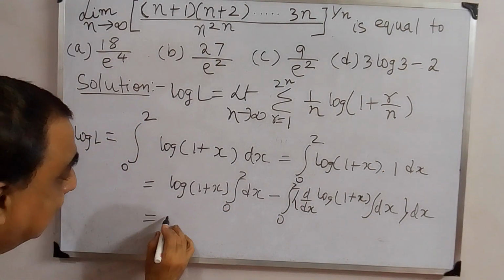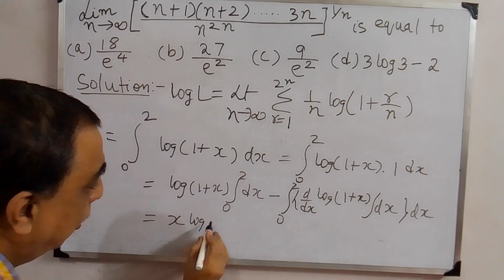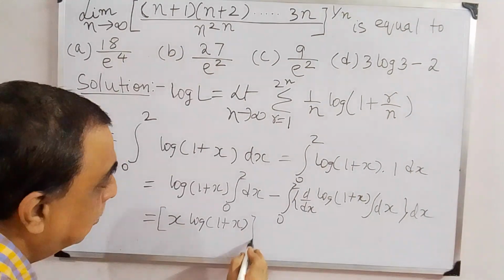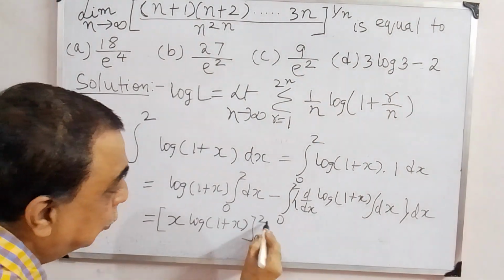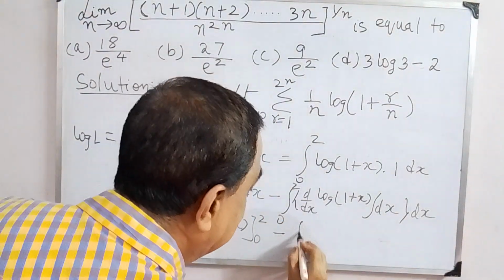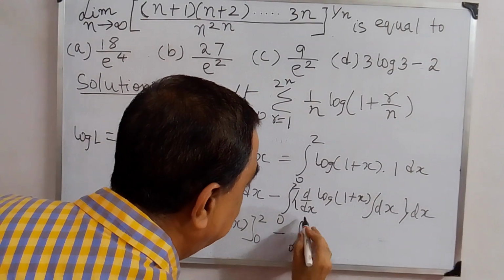So now this becomes x log of 1 plus x from 0 to 2 limits, minus the definite integral from 0 to 2.